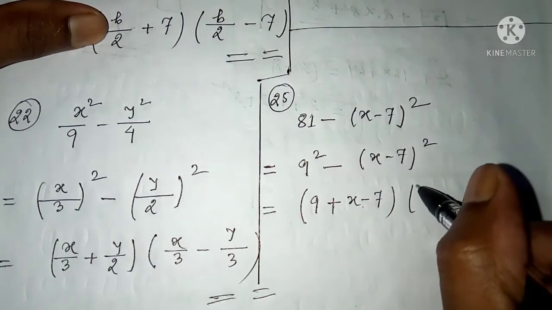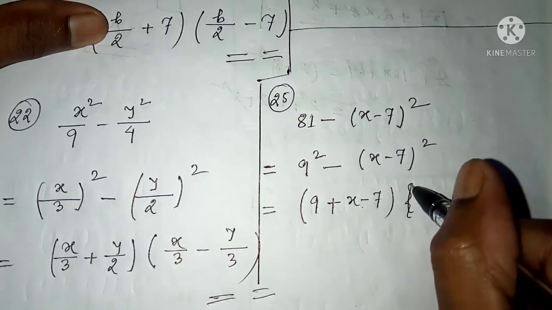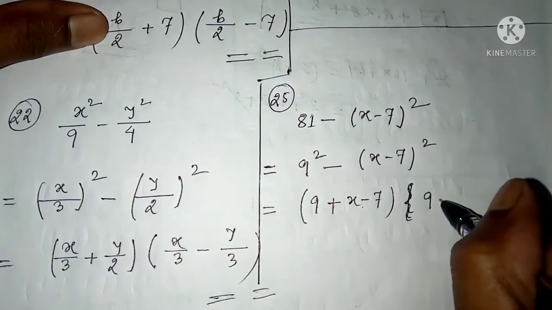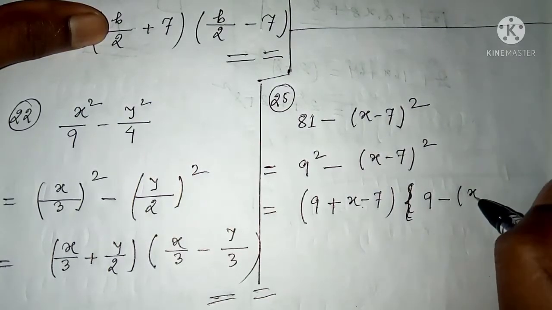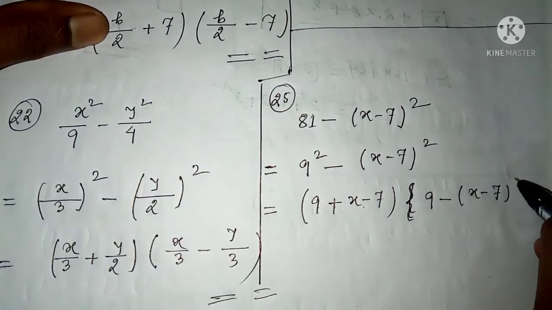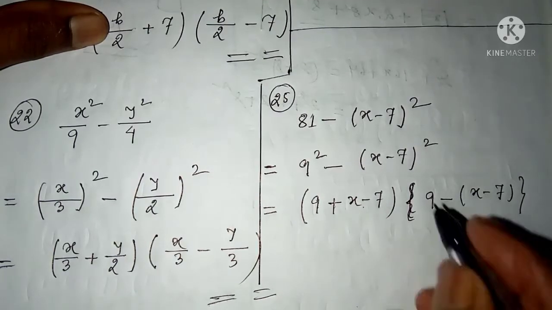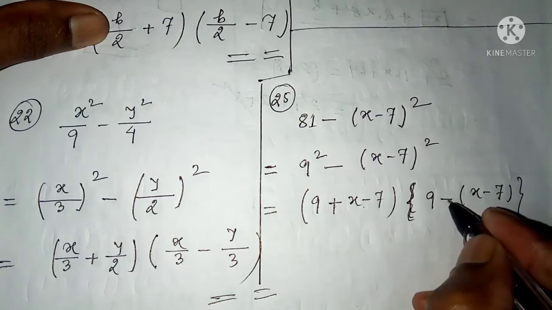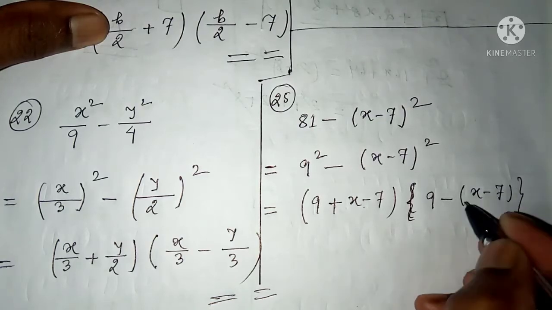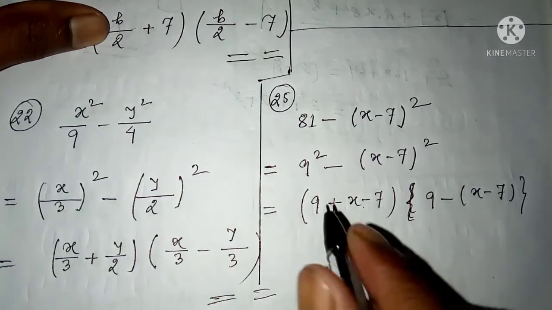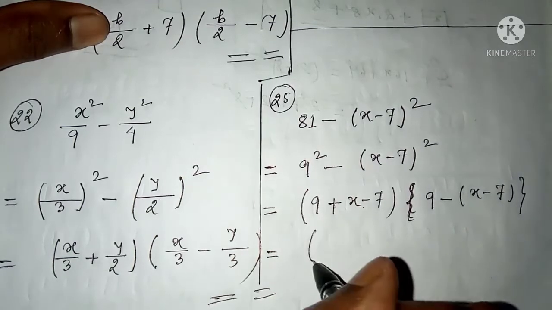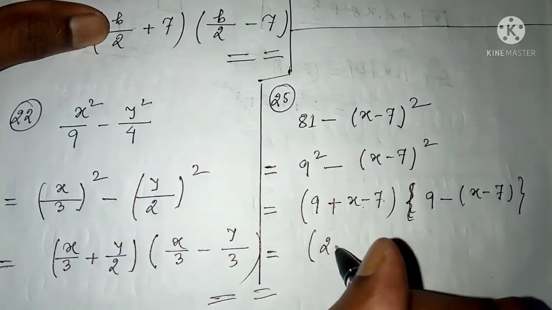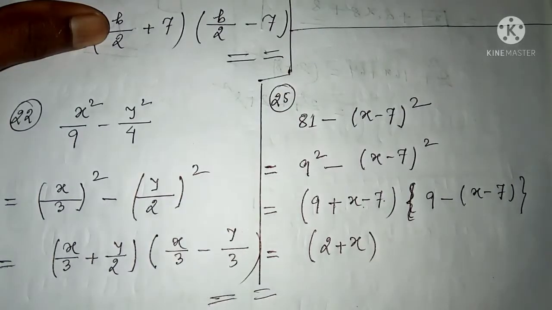Again I'll write this one within a curly bracket: first term minus second term. Why am I writing this curly bracket? Because here one minus is there, and two terms are added, that means I need to multiply with this minus. So in the next step I'll multiply. Then see here, 9 minus 7, that is 2, that means you can write 2 plus x or x plus 2, it is the same thing.